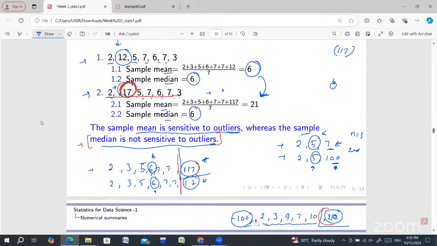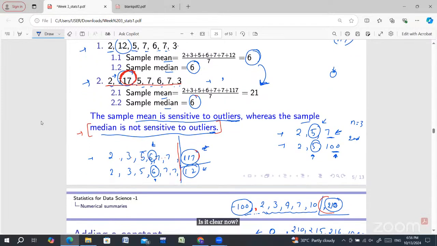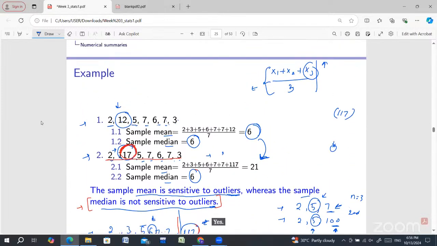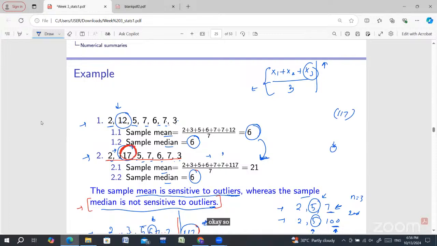Is it clear now? Yes, ma'am. Suppose you have 15 data points in the data set. Then always the eighth observation will be your median. No matter what values the data points hold, always the eighth observation will be your median.